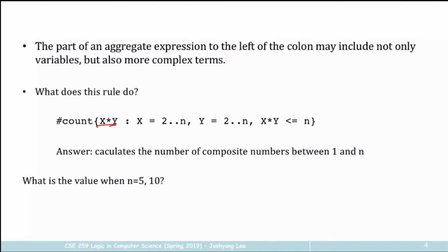Okay, so the next question for you. Let's do the Socrative. When n equals 10, what should be the value? Now the question is, when n equals 10, what is the value of this count aggregate?